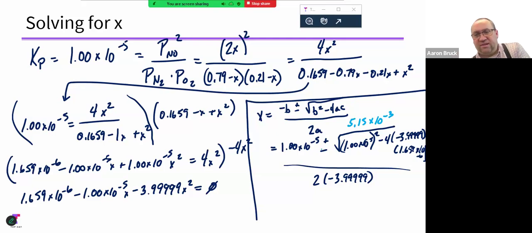And so with that being the case, I know that negative is going to be the way to go to give me a negative in the numerator.